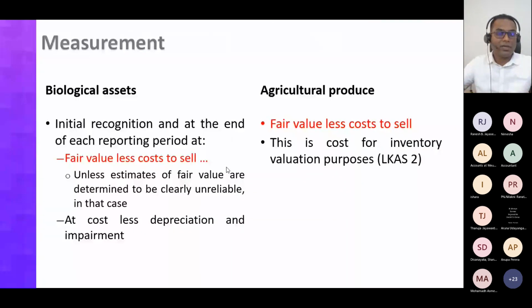If you can't reliably measure the fair value less cost of sale, measure that at cost less depreciation minus impairment up until you can reliably measure the fair value. But there can be a situation where you don't have a cost, so there you have to wait until you can measure the fair value reliably. Hope I clarified the doubt.